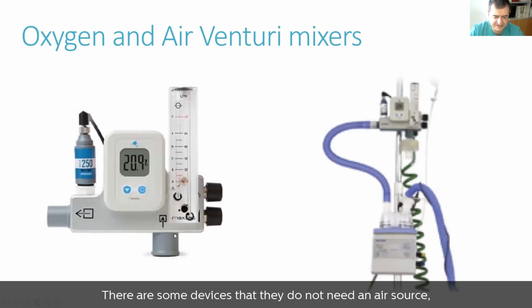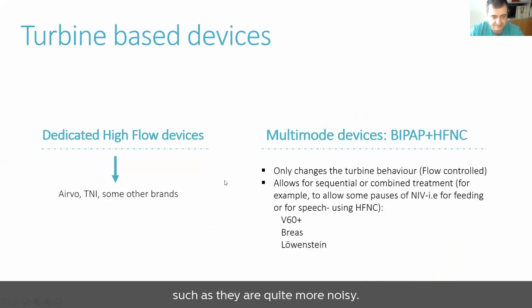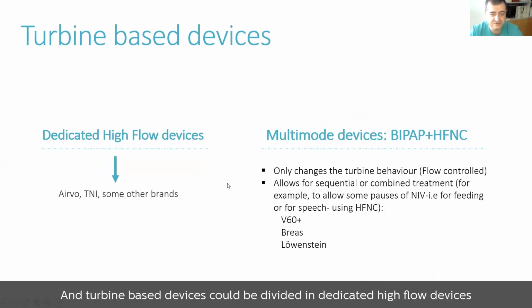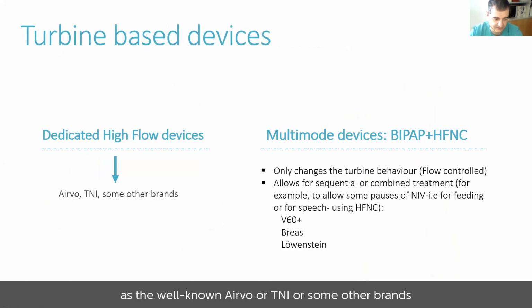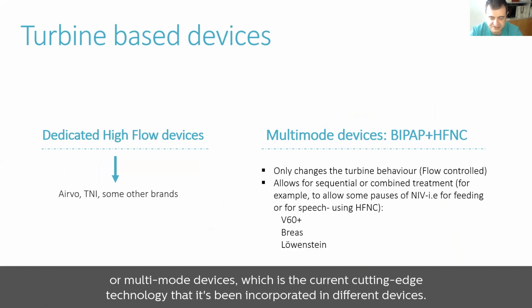There are some devices that do not need an air source. They will work through a venturi system with only an oxygen flow, but they have some disadvantages, such as being quite more noisy. And turbine-based devices could be divided into dedicated high-flow devices, such as the well-known Airvo or TNI or some other brands, or multi-mode devices, which is the current cutting-edge technology being incorporated in different devices.